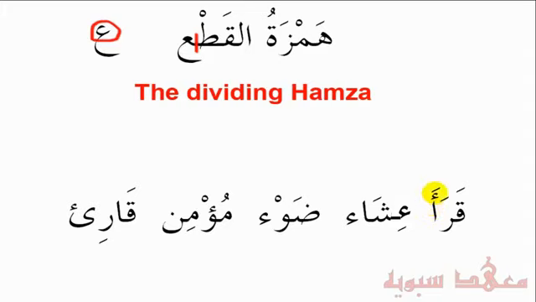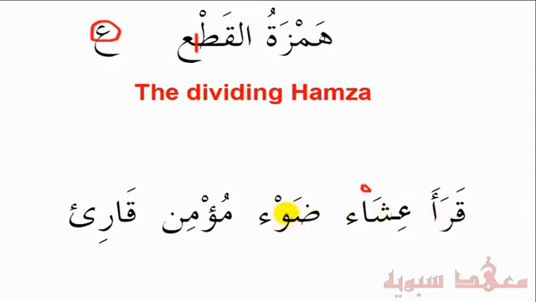Now when we have a letter that has a sukoon, as in these 2 words here, Isha and Daw. So here there's the elongation, Isha, the long vowel, but here is actually a sukoon. And when this happens, the Hamza is all alone by itself in both of these cases. Here Isha means the time of the night when the light disappears, and Daw, which means light. Qara'a means he read.